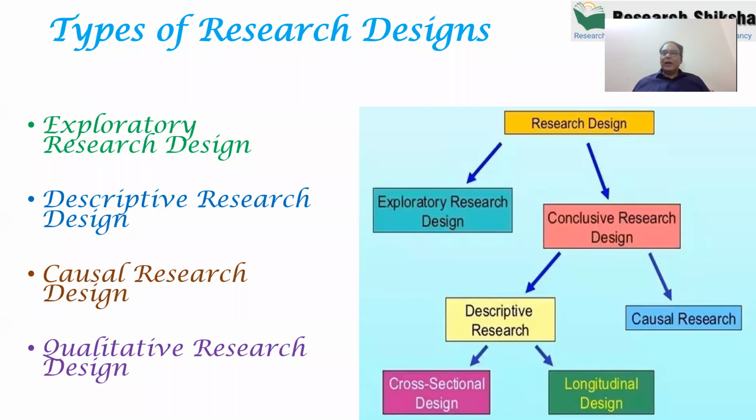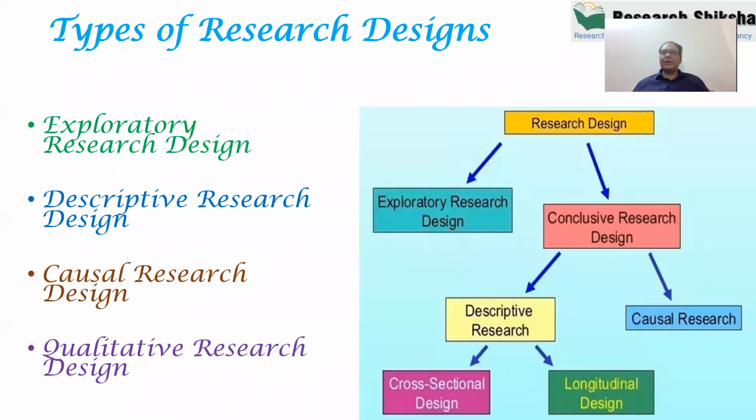And we have the 4th type also. This 4th type is known as qualitative research design, which is gaining a lot of popularity nowadays. So we have the basic 4 types of research design, although qualitative research design we don't usually count as a research design, but slowly it is coming up, and very soon you will have a separate research design in the form of qualitative research design.